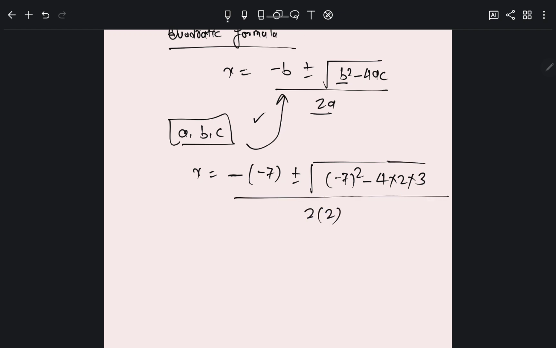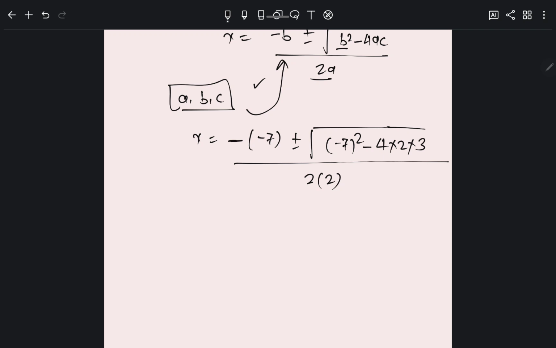So let us understand what happened here. In place of b, I wrote minus 7. In place of a, I wrote 2. In place of c, I wrote 3.